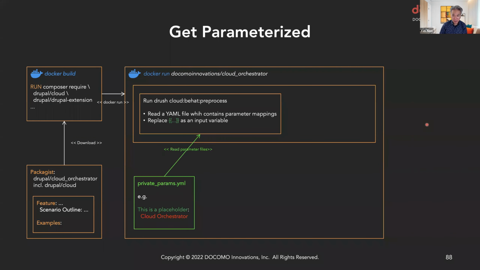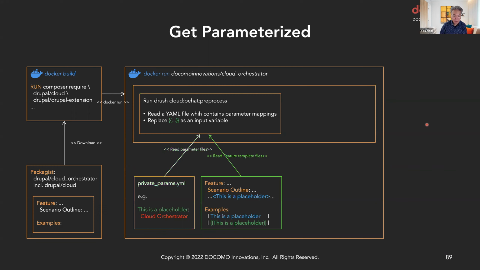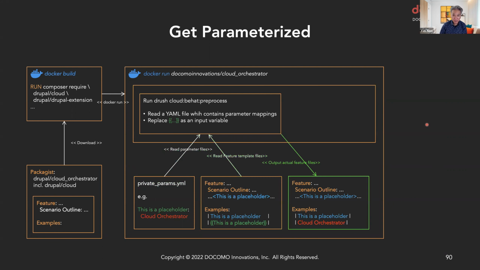First, it reads YAML files containing a parameter mapping that we store on our local file system, such as credentials and secrets. Then it replaces the double brackets variables with the actual values defined in the YAML files, and generates the actual feature files into a designated directory.